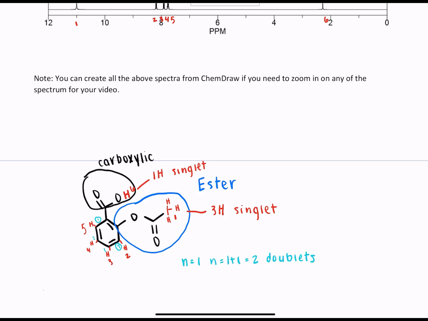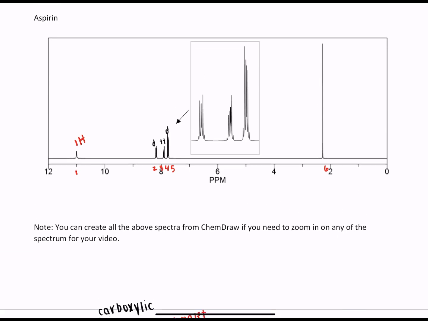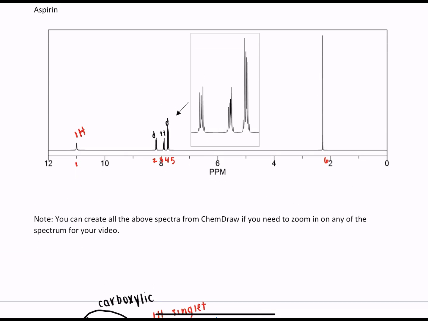We know that this hydrogen in the carboxylic group is going to be most downfield because it is bonded to the oxygen. And for our 3H singlet, we know that is going to be the most upfield because it is bonded to a carbon, as shown right here.